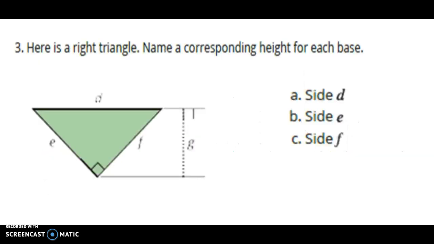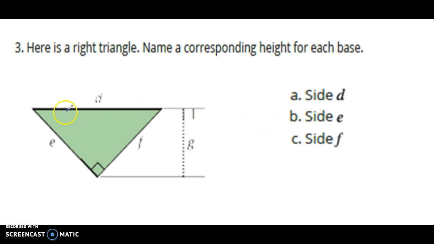Question 3. Here's a right triangle, meaning it has one right angle denoted by this square. Name a corresponding height for each base. So what this question is asking is for each base that I have, side D, side E, and side F, we need to figure out, well, what is the height that goes along with that base?